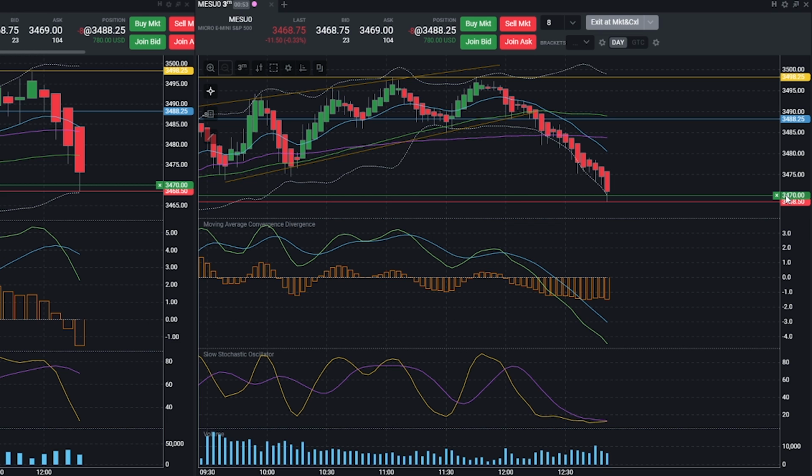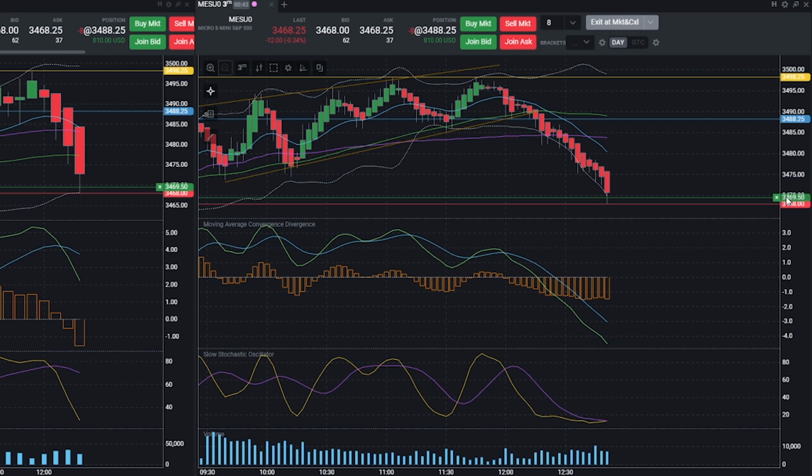Still moving down a bit. Making lower lows. $68, $67. I'm chasing this right now, guys.